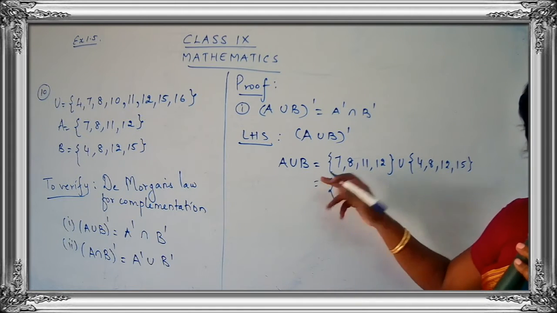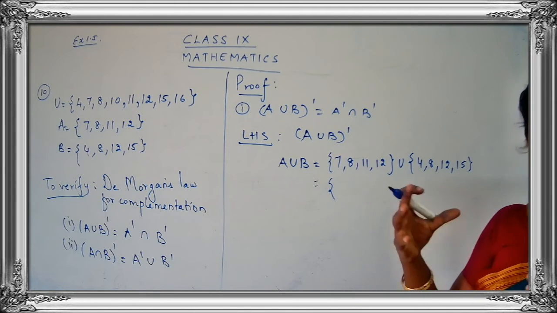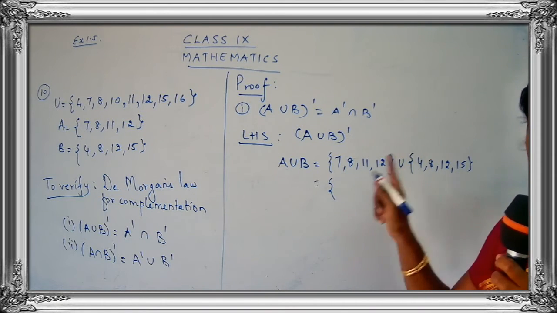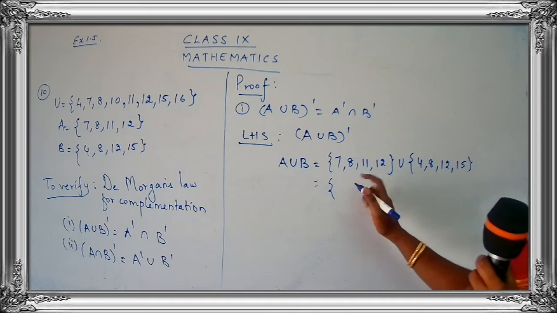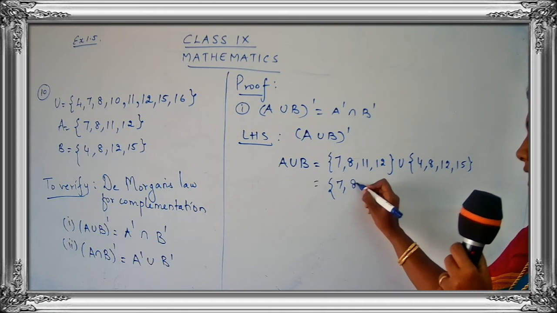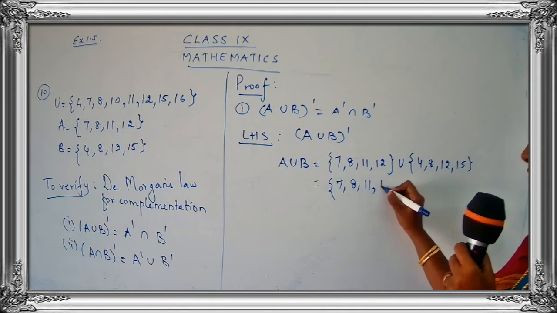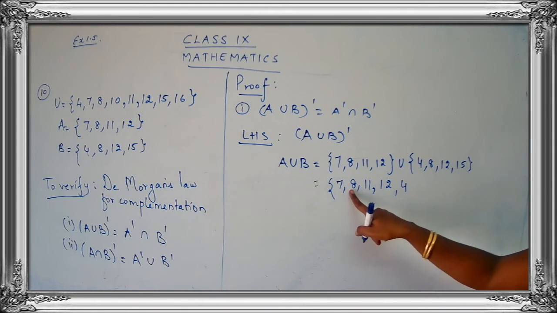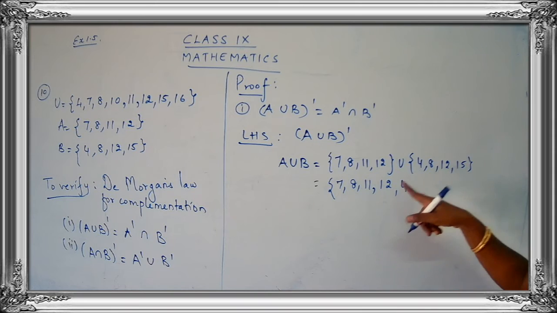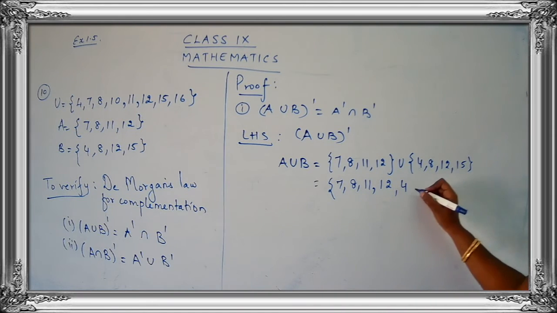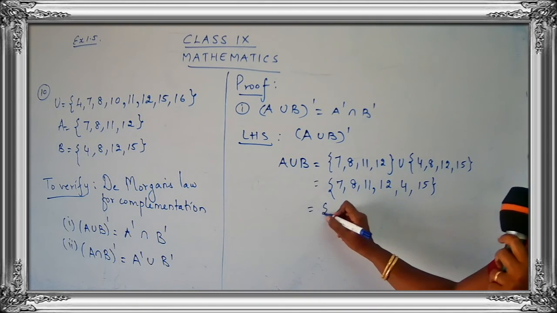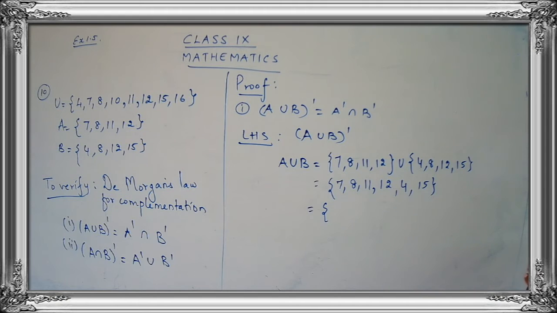Come on, write down the members. A union B means what? You are going to combine, you are going to join. But keep one thing in your mind, do not repeat the members. I'll write down here 7, 8, 11, 12. 4, 8 already taken down, 12 is already here, so 15. Try to write the members in the increasing order.